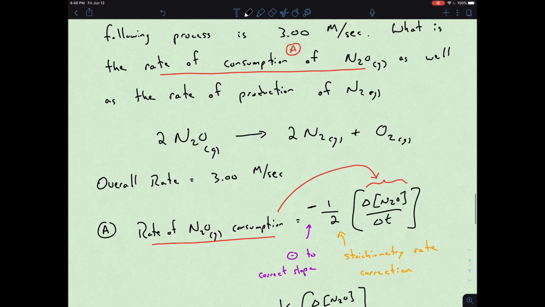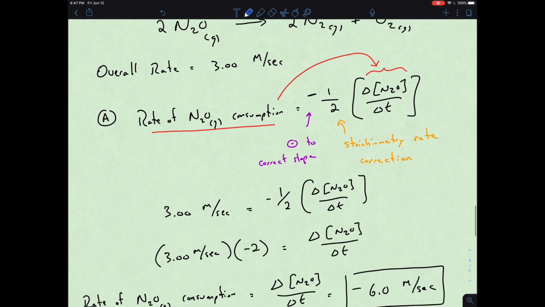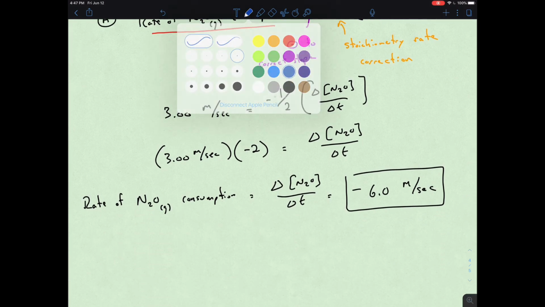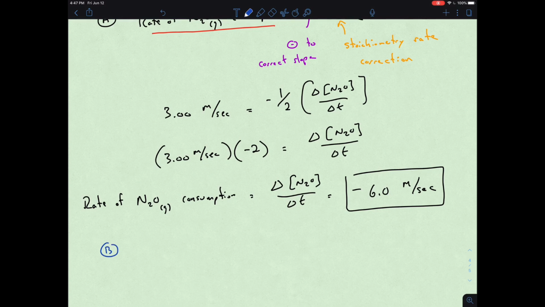For part B, we're looking at the rate of production of the nitrogen gas. We still have the same overall rate, of course, because it's the same reaction. So for part B, we're looking for the rate of N2 production.